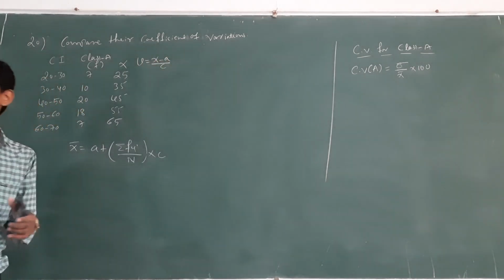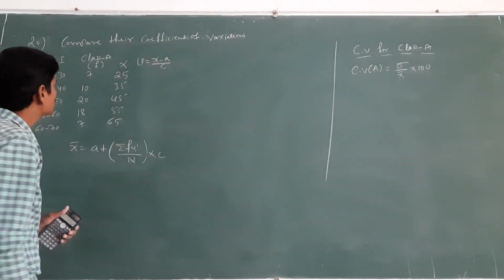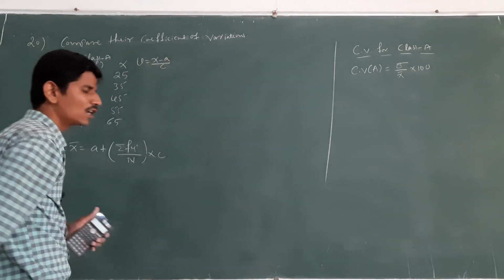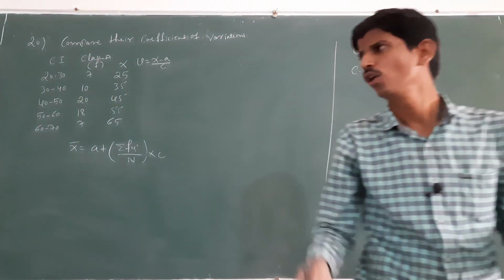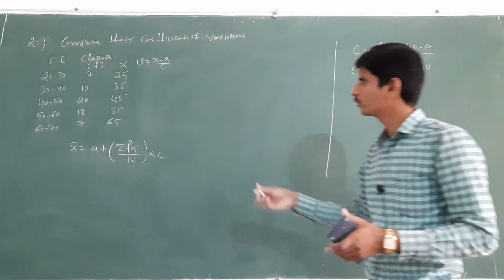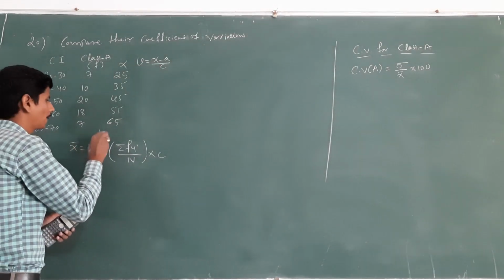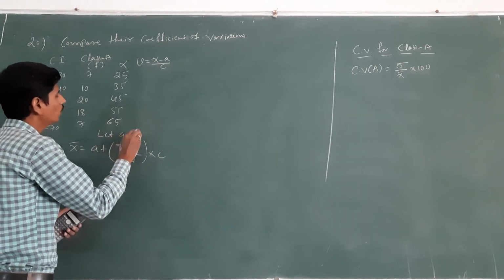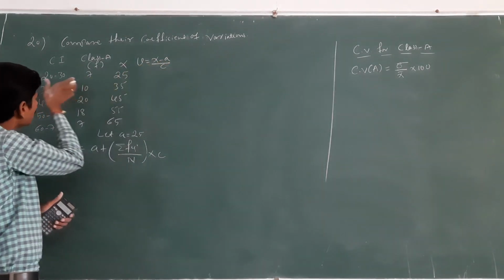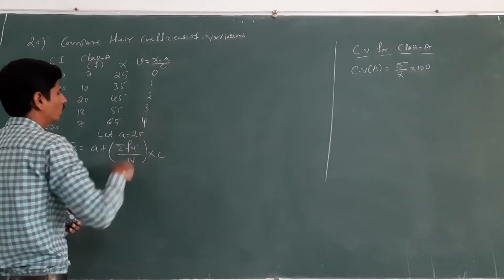When class intervals are given, u equal to x minus a by C. Here the x value is 25, 25 minus a value. a is an assumed value. You have to choose any value from x. Let a equal to 25, the first one. 25 minus 25 is 0, 0 divided by the width of the class interval 10 is 0, then 1, 2, 3 and 4.